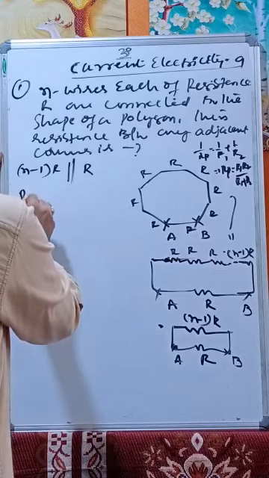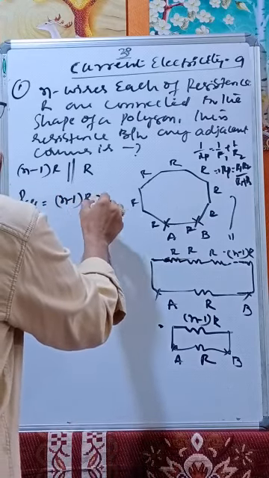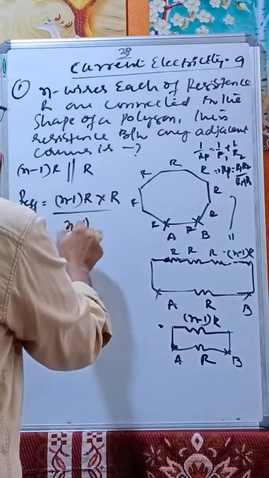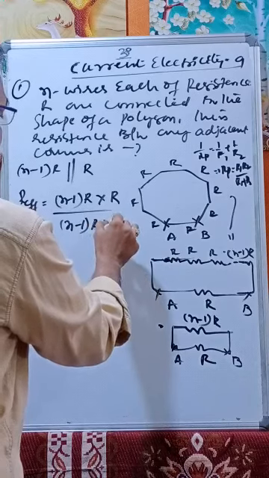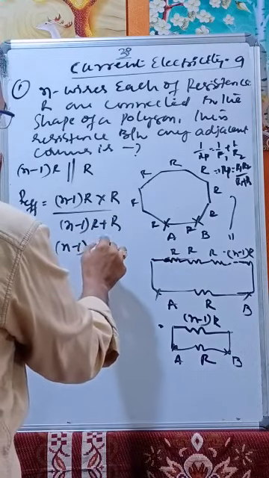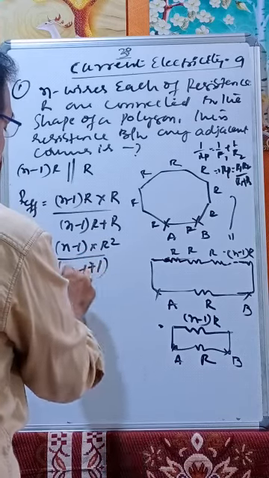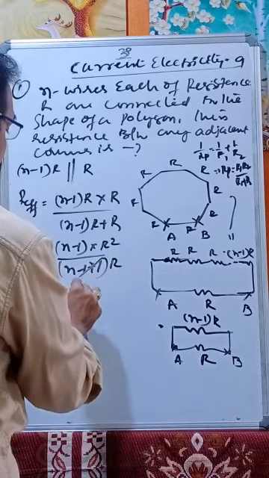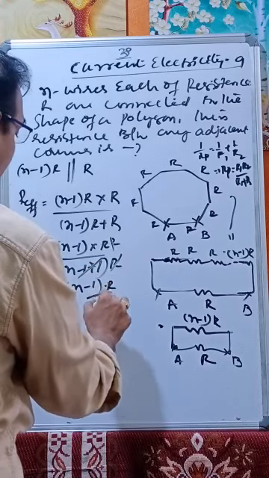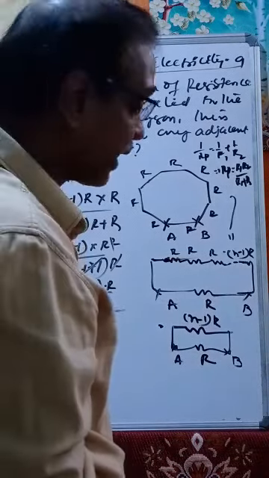Therefore, R effective is equal to n minus 1 R into R by n minus 1 R plus R, that is n minus 1 into R square by n minus 1 plus 1 into R. The R cancels, and n minus 1 plus 1 is n. So R effective is n minus 1 into R by n. This is for a polygon.